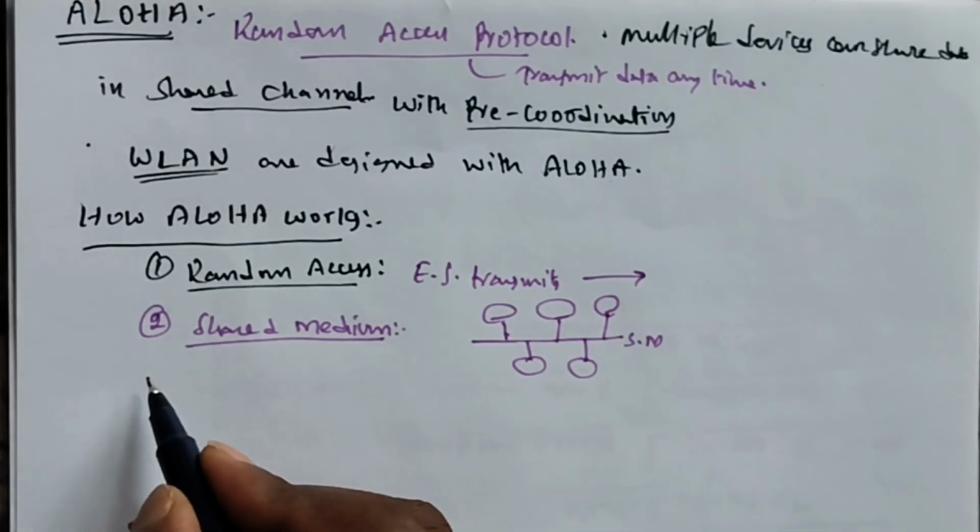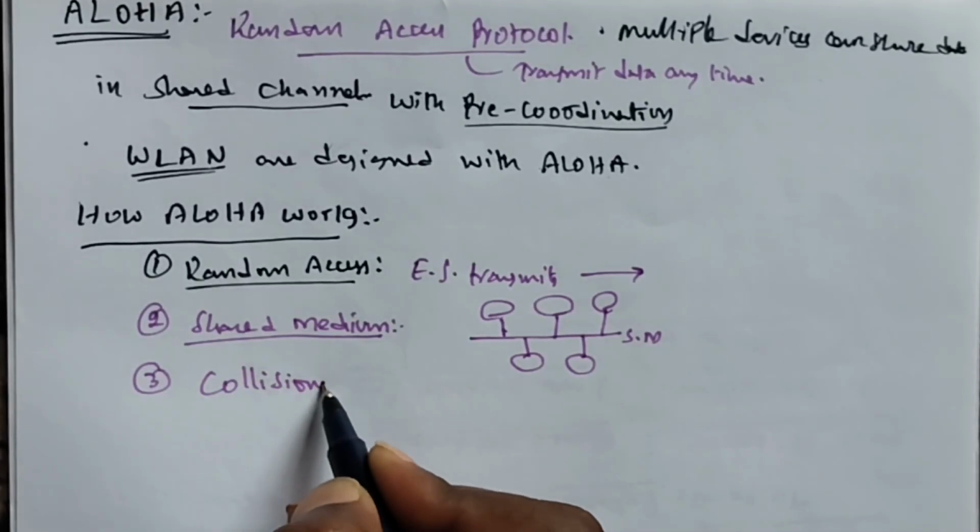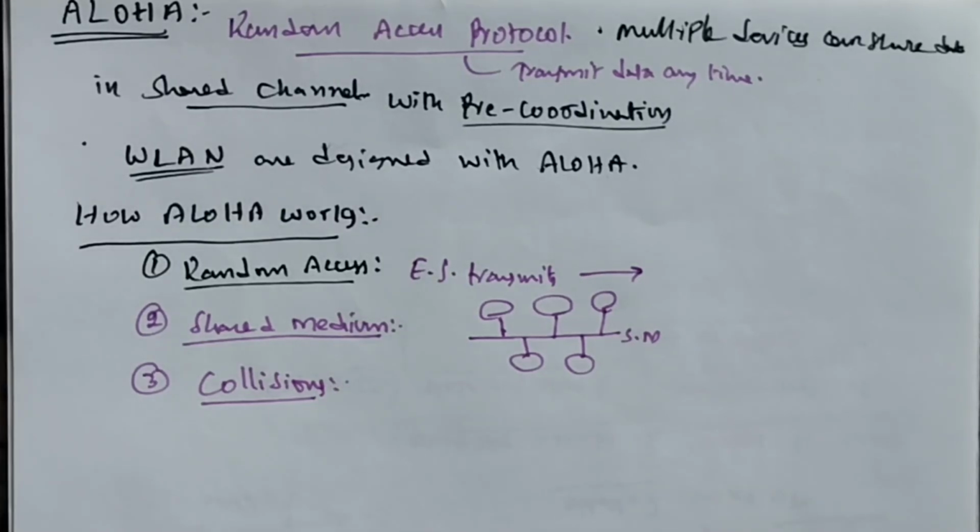And the third one is collision. What is the meaning of collision? Crash. If two or more stations transmit the data at the same time, their data packets will collide and be corrupted or destroyed.